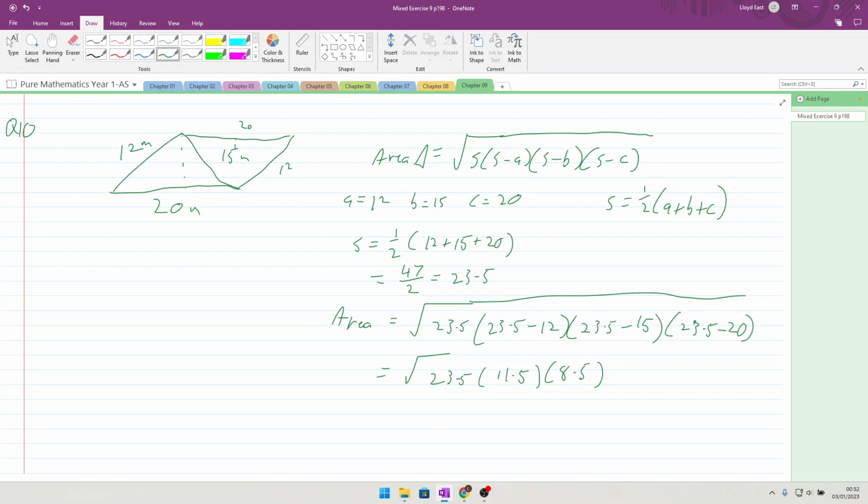Minus 20 is 3.5. So 23.5 times 11.5 times 8.5 times 3.5 is 8,039.9375. Square root of that, 89.6656.